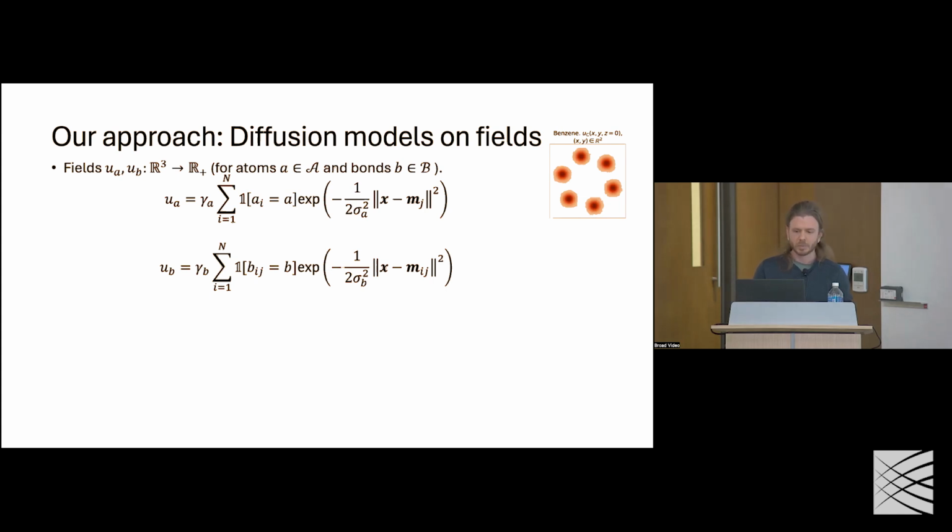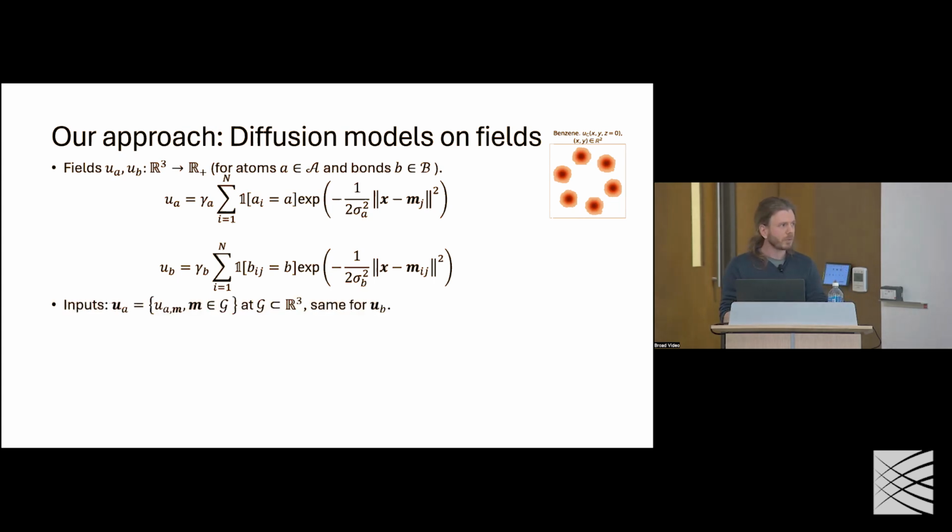And they, of course, depend on the atom positions M. And kind of a depiction of these continuous fields is on the right-hand side, where we present this benzene, which is a planar molecule, and therefore we can only show a z=0 section of the field. So the field is 3D, but now we only look at the section of it.